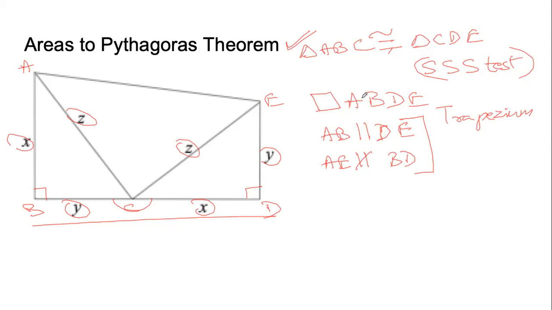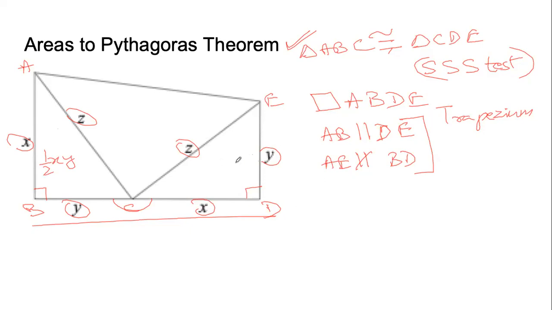Now, we know that the area of a triangle is half base into height, we studied it long back and this year also in chapter number 1. For triangle ABC on the left, we can say the area is 1 by 2 x into y. Base is y, height is x. Why? Because angle B is 90 degrees.